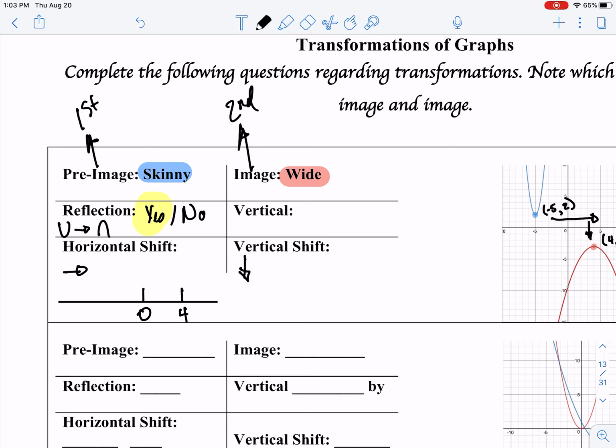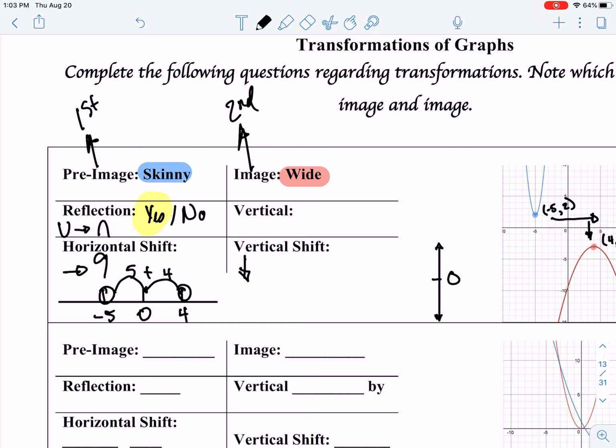4 was the x value of a vertex, and then -5. Okay? So from -5 to 0 is 5. From 0 to 4 is 4. You add them together, and you go to the right 9. Okay, distance is always positive. Vertical shift, same deal, except this time I'm going to draw a vertical number line because we're talking about y values.